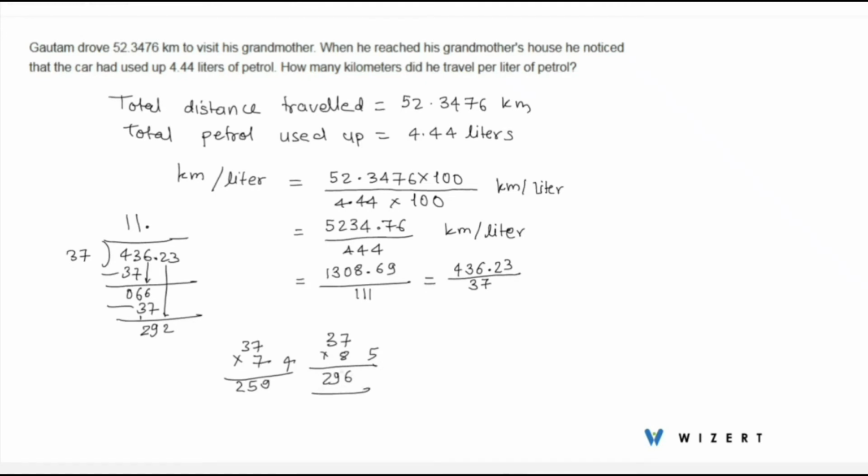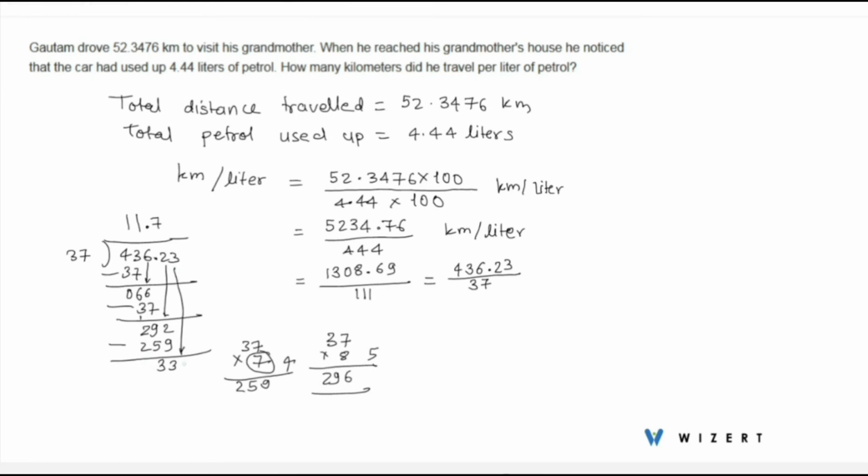This is just larger than 292, so we'll have to use 37 sevens minus 259. So 12 minus 9 is 3, 8 minus 5 is 3 and 2 minus 2 is 0.